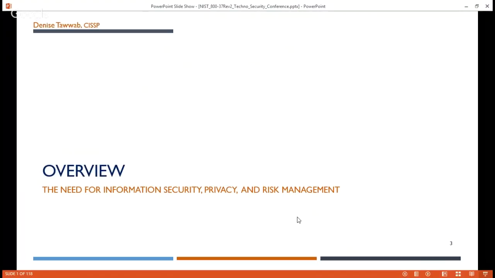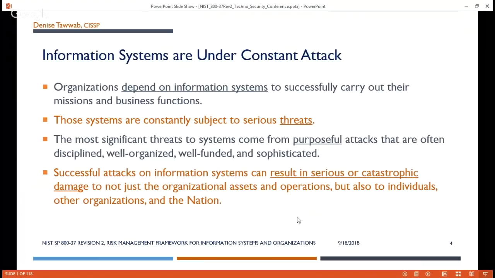So that's this section. The overview: information systems are under constant attack. We all know that. And organizations depend on information systems to successfully carry out their business functions. Those systems keep coming under threat, and the threats are coming more frequently.